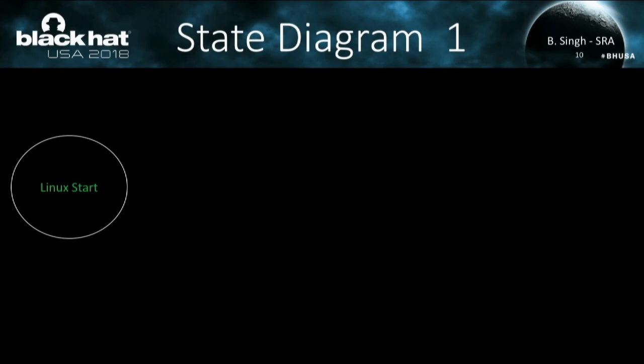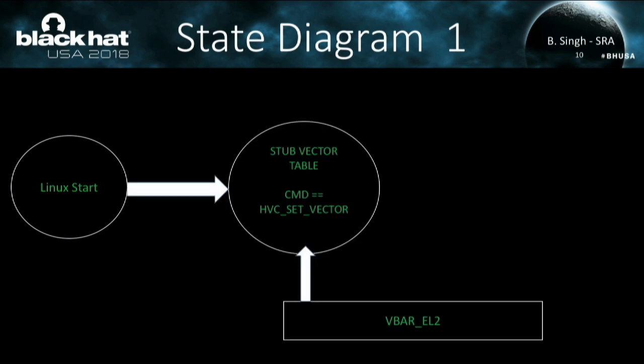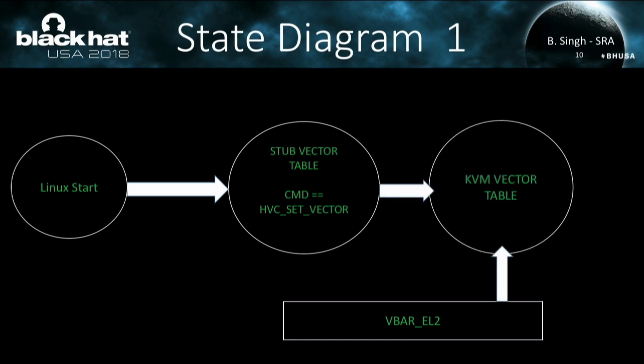Linux started in EL2, so it updates the VBAR_EL2 register and makes sure it points to the stub vector table. After that, the stub vector table provides an interface to update the VBAR_EL2 register and register a new exception vector table for EL2. Using this interface, Linux installs the actual KVM vector table.